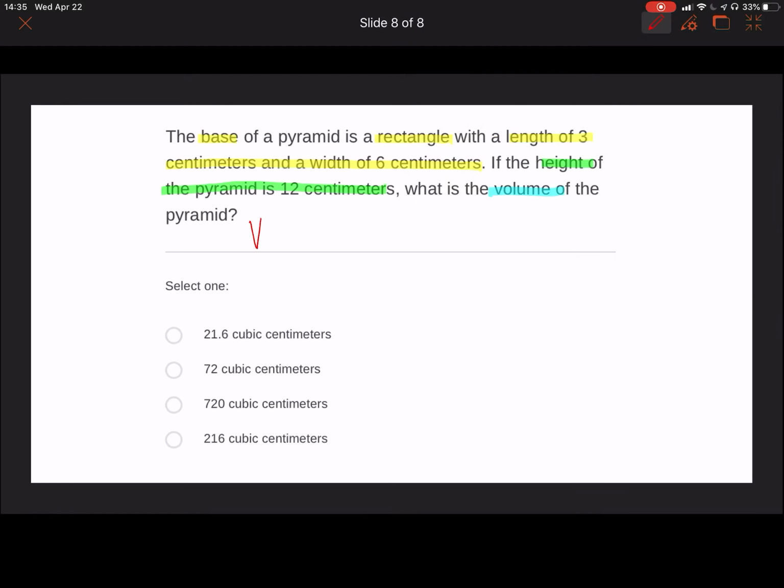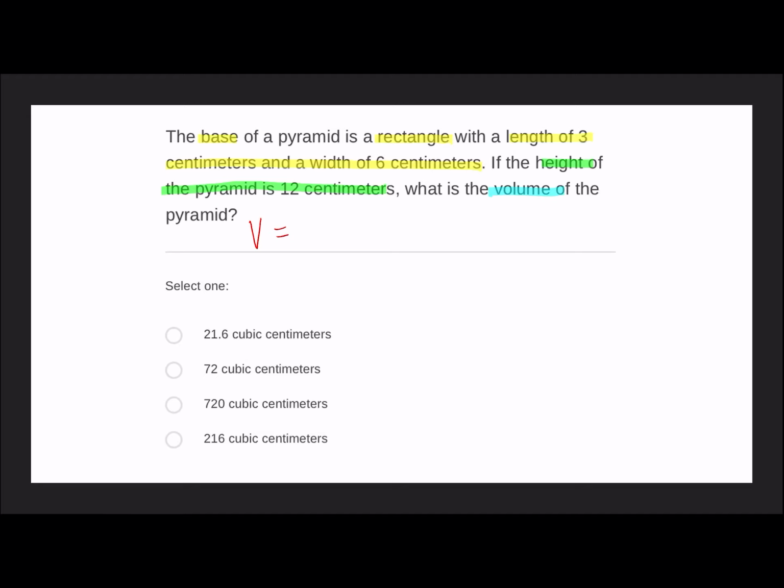So volume, it tells you it is a pyramid, so 1/3 big BH. Big B is area of the base, and they tell us it is a rectangle. So in this case, we can do base times height. And it tells us it's 3 by 6. 3 times 6 is 18, so that's our area of our base.